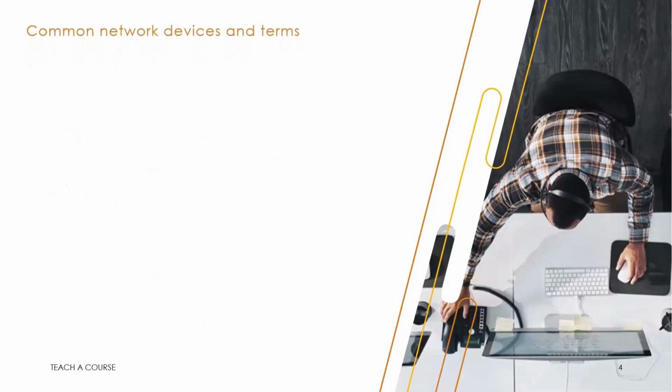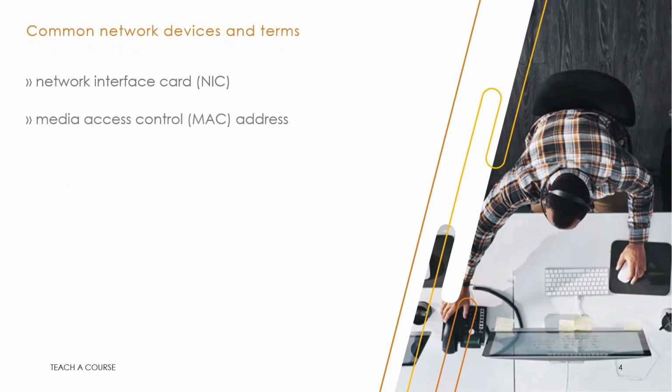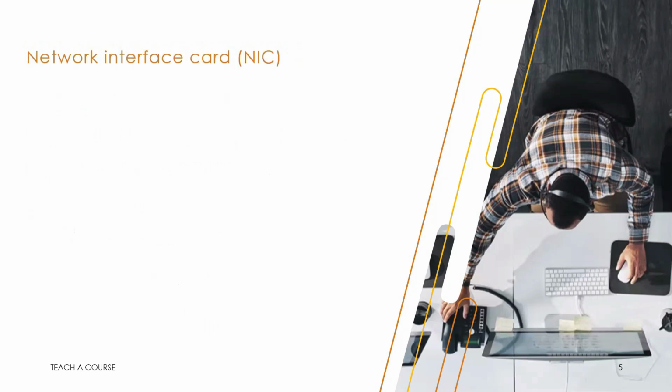So let's look at some common network devices and terms used in networking. We have the network interface card. Then we have the media access control address. We have internet protocols. We have data packets.